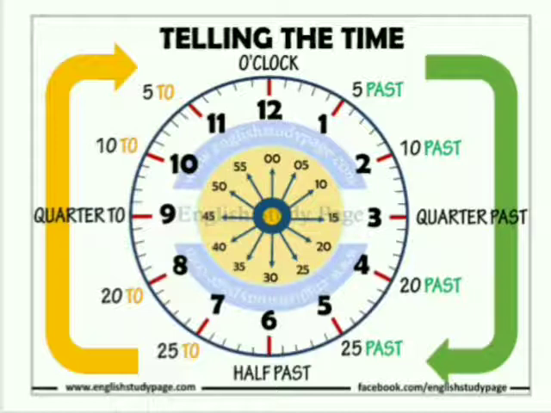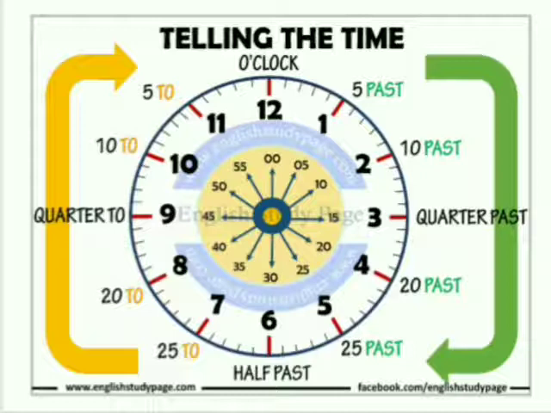From 3 to 6, second quarter. From 6 to 9, it is third quarter. And from 9 to 12, it is fourth quarter. It means each quarter is of 15 minutes. And that means 4 quarters equal to 1 complete hour.